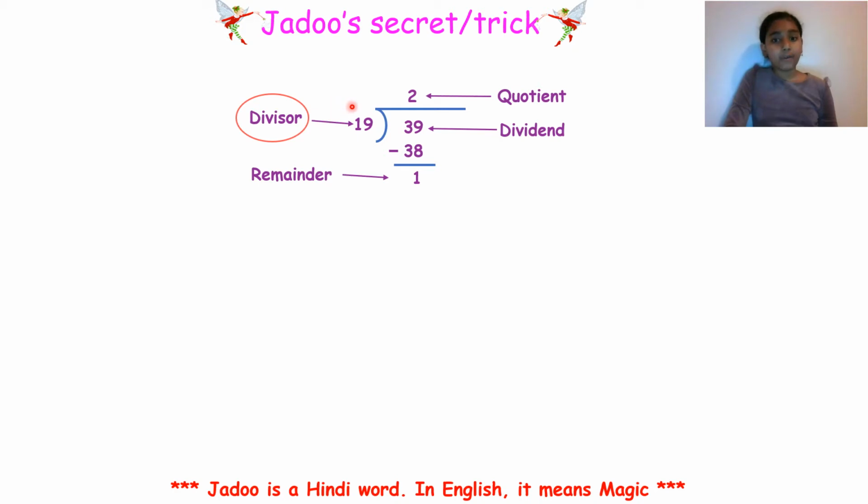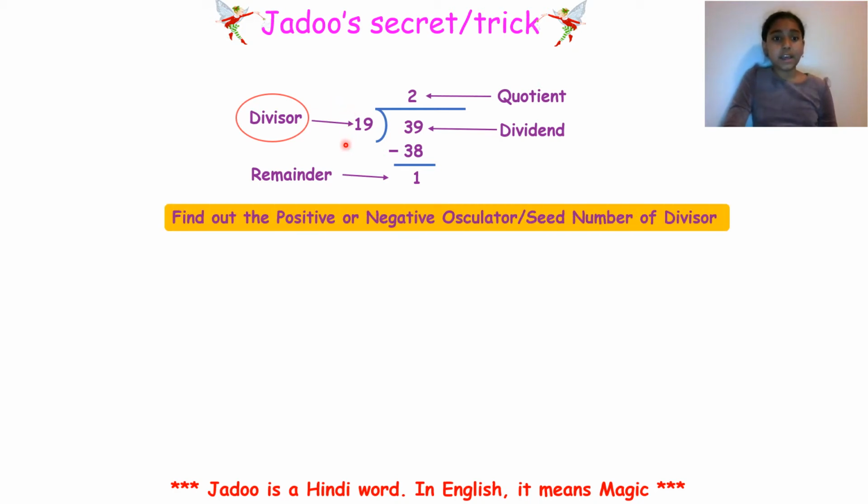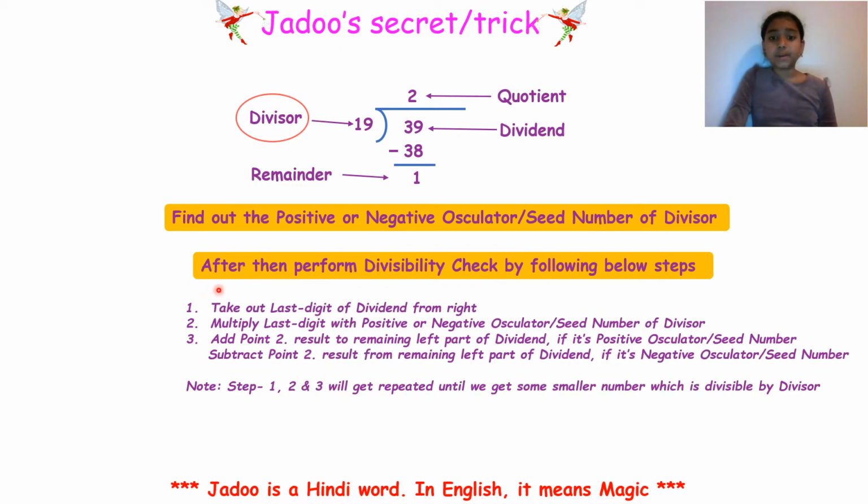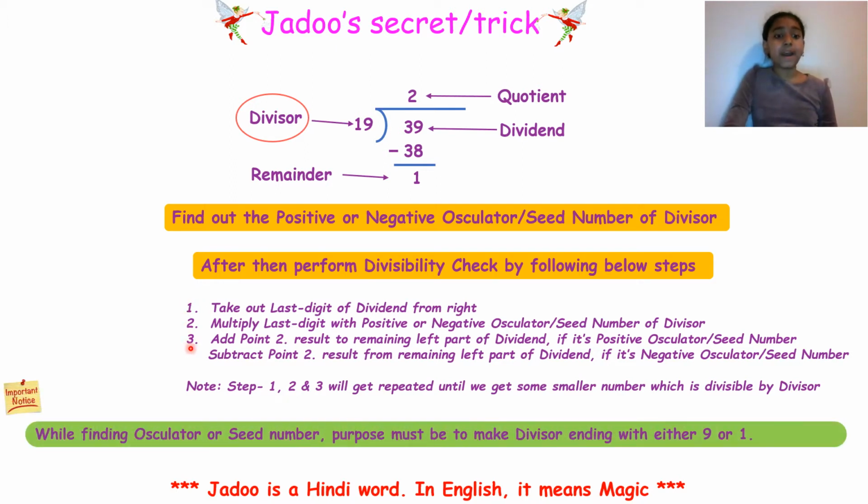So now today's trick is, first find out the positive or negative oscillator number of the divisor. After that, perform the divisibility check by following the below steps. Just keep in mind, while finding the oscillator or seed number, the purpose must be to make the divisor ending with either 1 or 9.